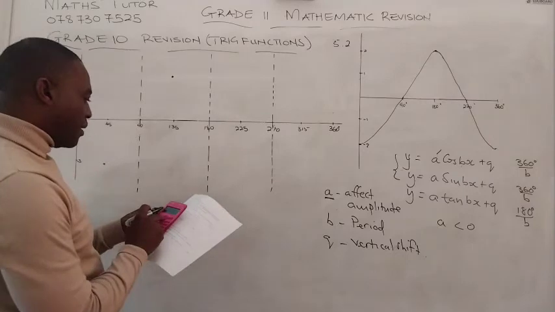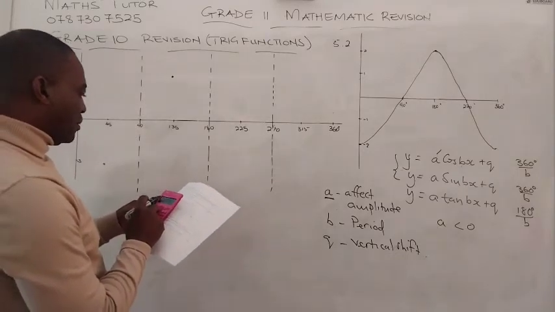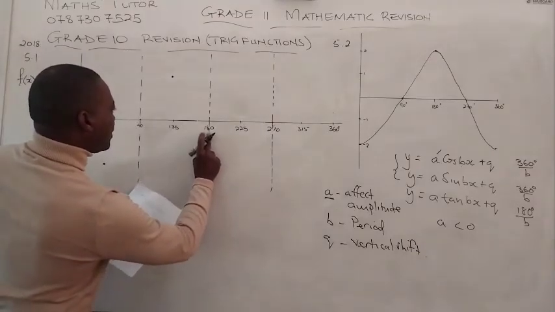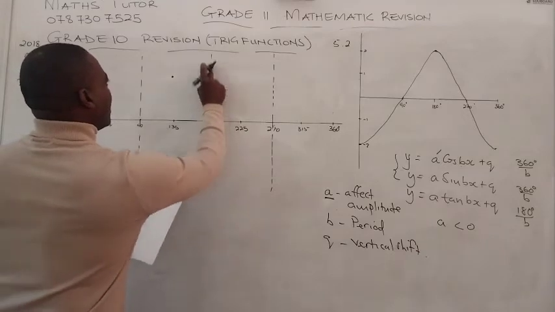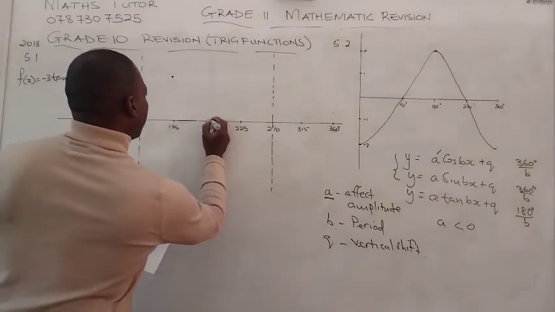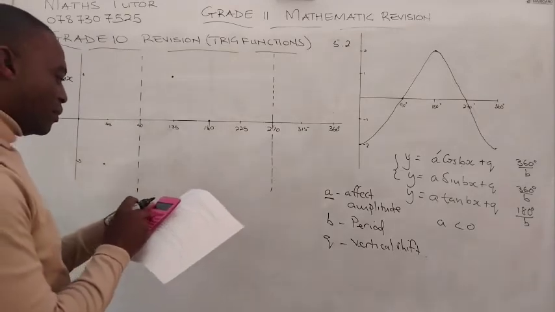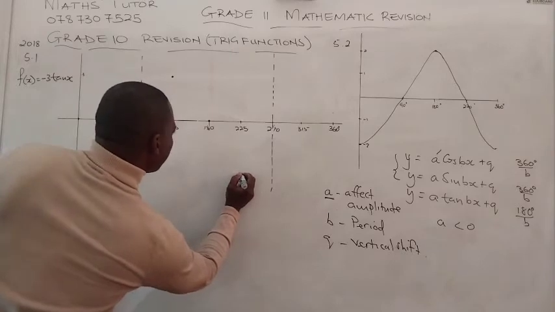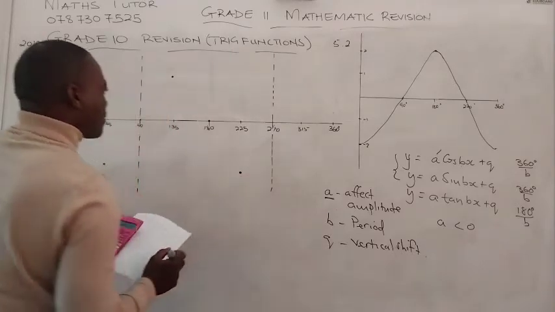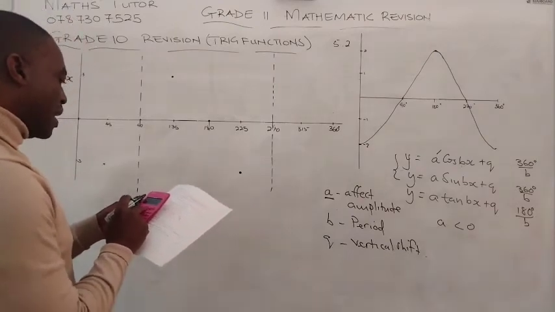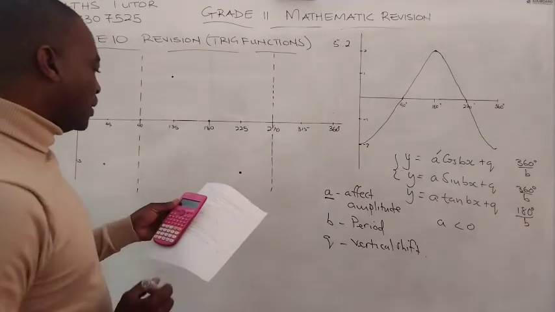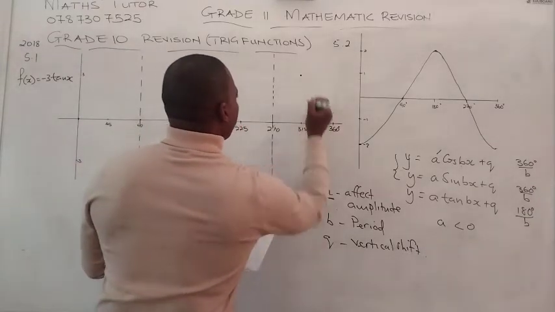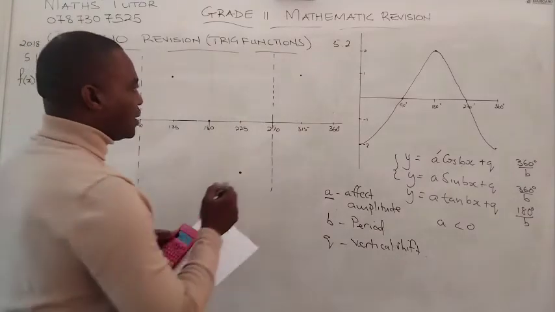At 180 degrees it's 0. And then 225, it's -3. 270, it's an error, that's an asymptote. And then 315, it's +3. And then 360, it's 0.